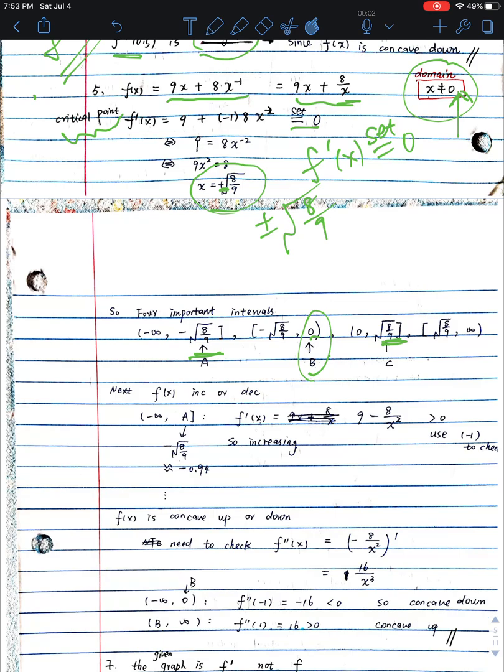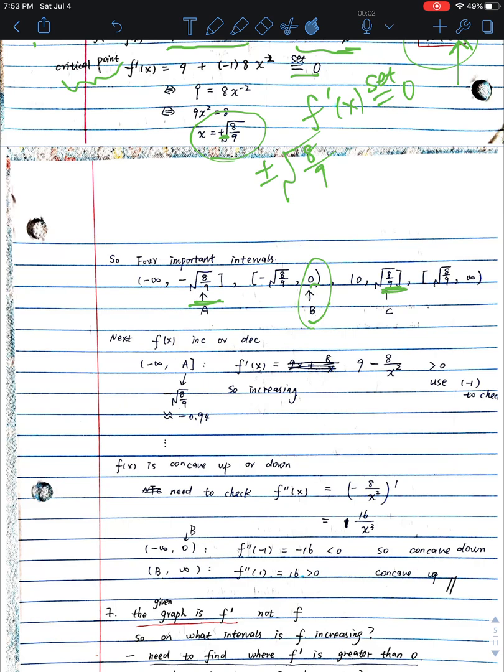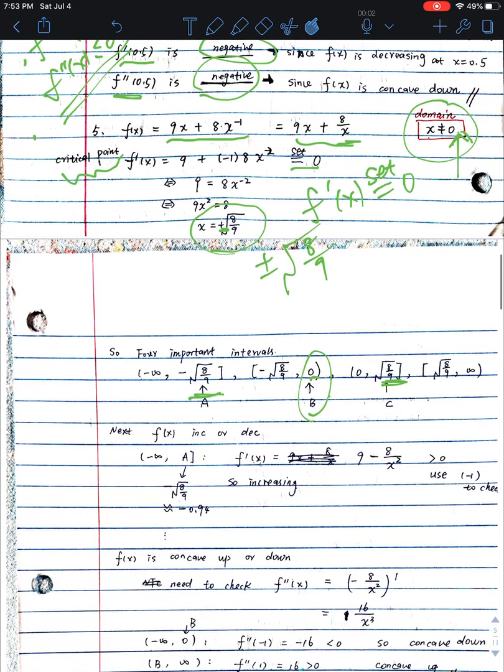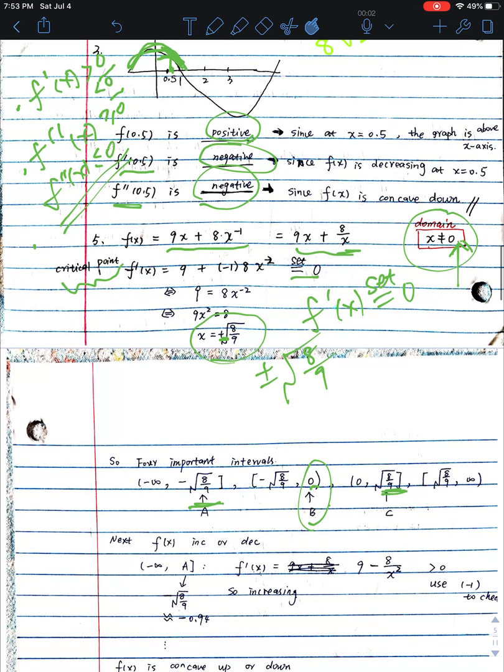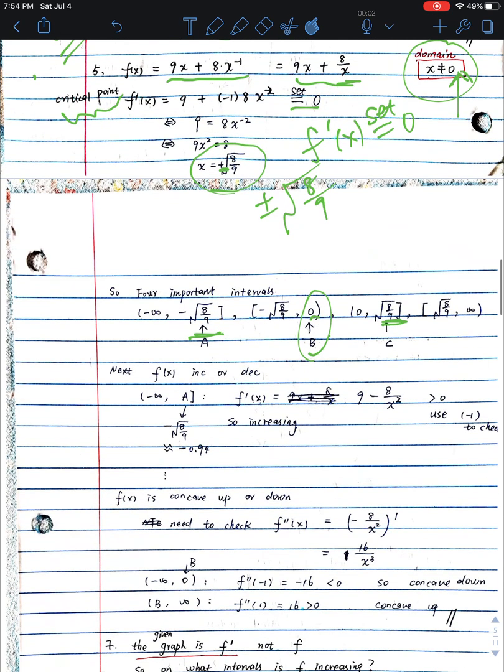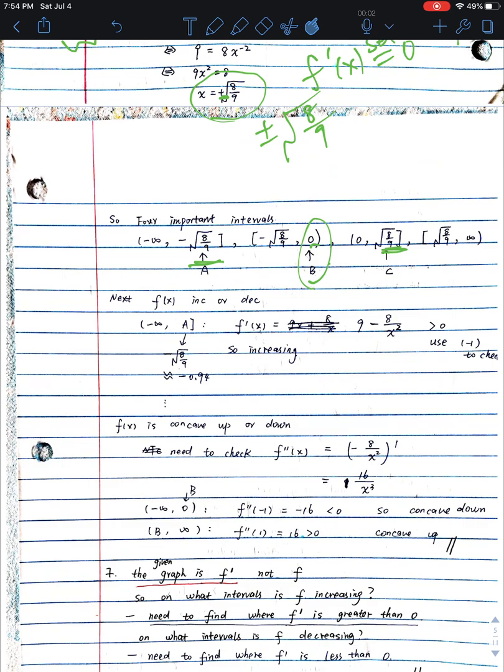The second part is to find if f is increasing or decreasing in the given intervals. To check that, we use the first derivative rule: if it's greater than 0, then it's increasing.